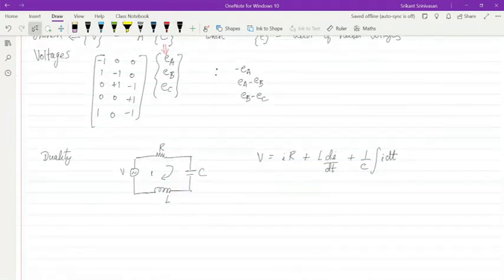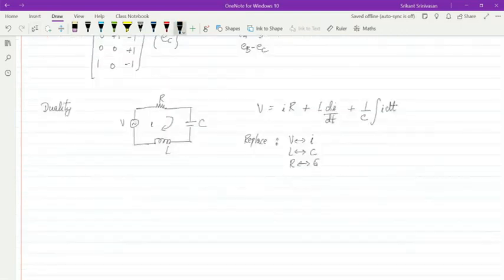The concept of duality is very interesting. It says that if you replace the variables, replace V with I, L and C interchanged, and R with some conductance, then you will get a dual circuit of this, which will have the same equation.